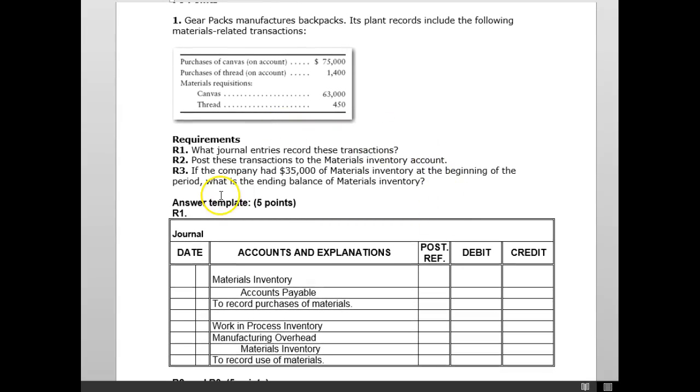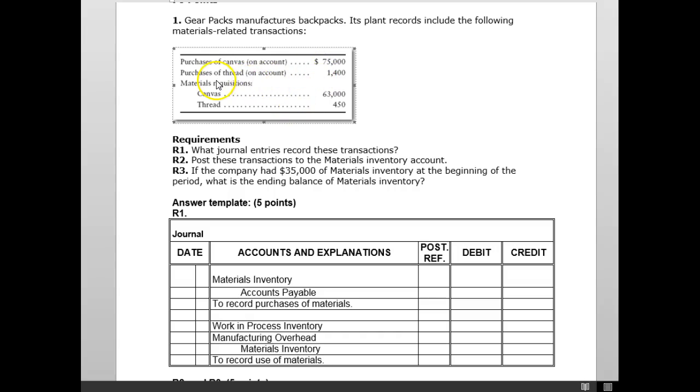First of all, what are the journal entries to record these transactions? Well, what they've done is they have bought materials to make backpacks. And as you know, the canvas is going to be a direct material, okay?